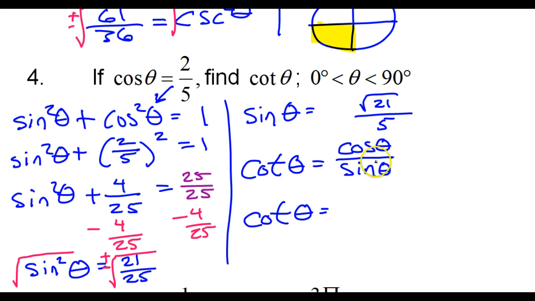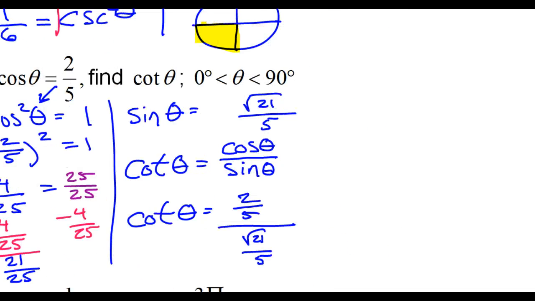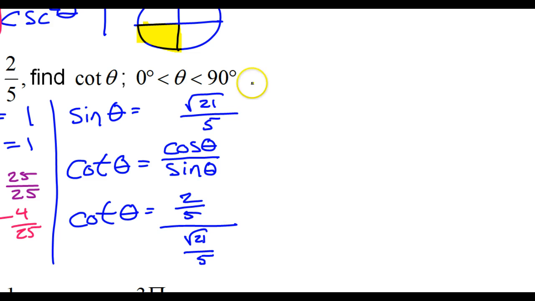Now in the very beginning we were given that the cosine is 2/5. So that's 2/5 over, and we just found that sine theta is radical 21 over 5. So how do you divide fractions? You multiply by the reciprocal.